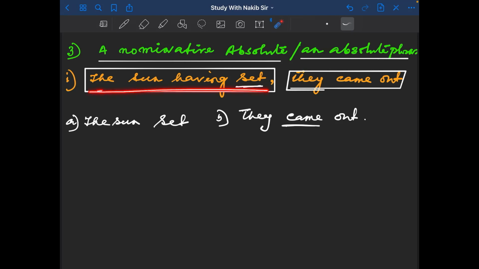The sun having set, this is an absolute phrase, and for this absolute phrase we have made one separate sentence here, and that is the sun set, and this part is a separate sentence automatically. They came out. So from your given sentence, the sun having set, they came out, you can get the sun set, they came out, these two sentences. Okay, very easy.